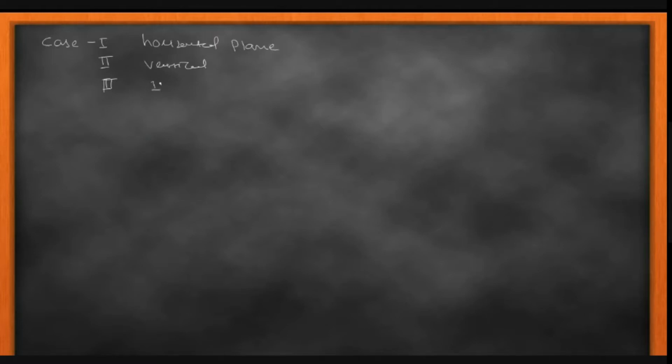And third one is the inclined surface or plane. One by one we discuss all three cases, in which we are going to find the total pressure, and the second is the center of pressure.